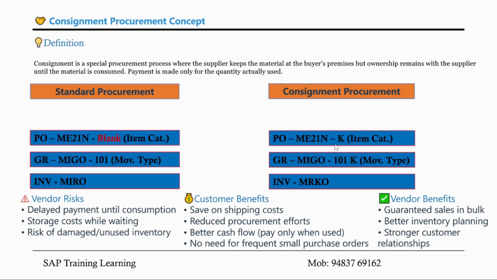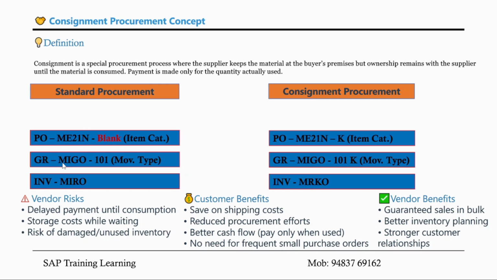But for a consignment purchase order, you use the same transaction code, same page, but the difference is the item category is going to be K. The moment the system sees this K, it treats it as a consignment purchase order, not a standard purchase order. So this is the difference at PO level.